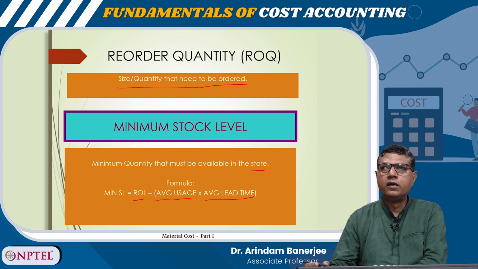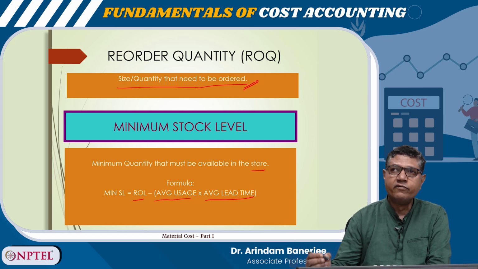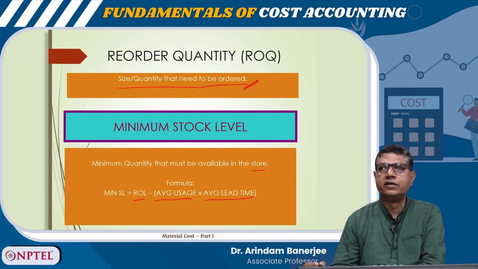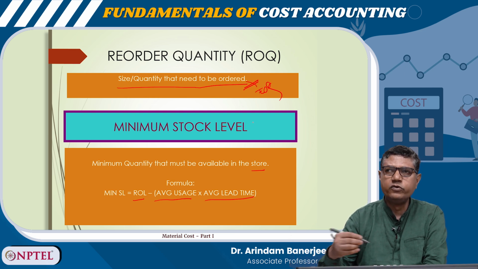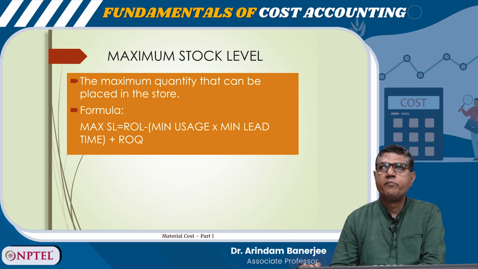Okay. The answer to the reorder quantity question we will see when we discuss the EOQ, the economic order quantity. So, when we discuss EOQ, we will seek the answer to the question of how much we need to order.